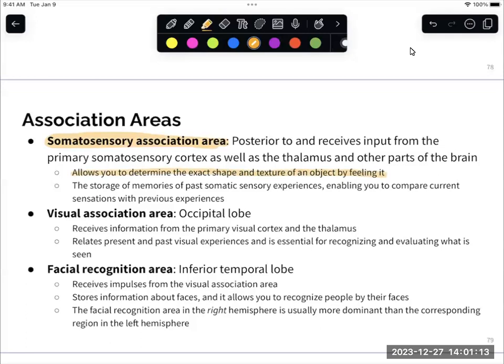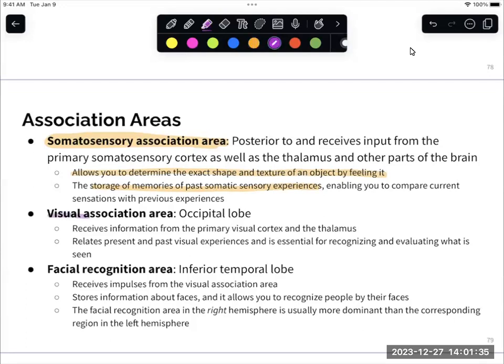So that primary somatosensory cortex lets you know you're feeling something. That association area lets you know what you're feeling. It stores these previous sensory experiences so the next time you touch something, you remember what it was.